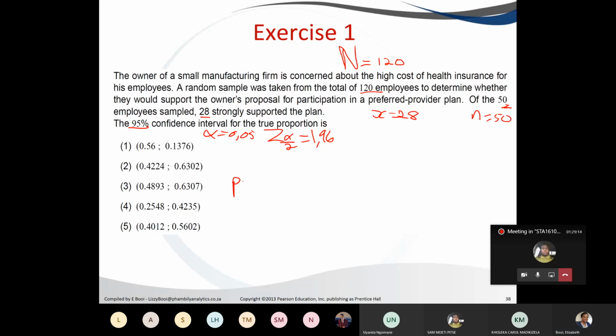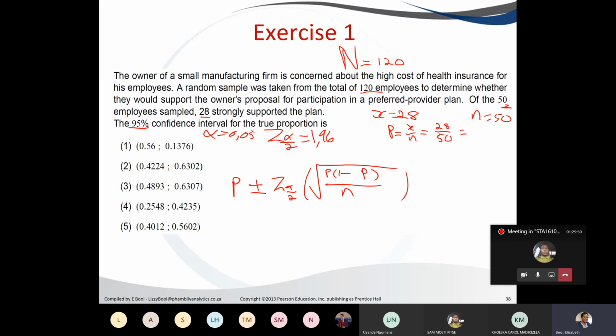Now, point estimate plus or minus the critical value, Z alpha divided by 2, times the square root of the point estimate times 1 minus the sample proportion, divided by n. I know what my P is because I can calculate P as x over n, and my x is 28 and my n is 50.